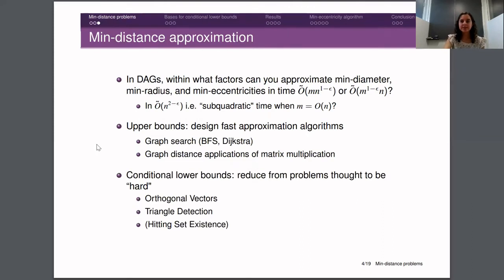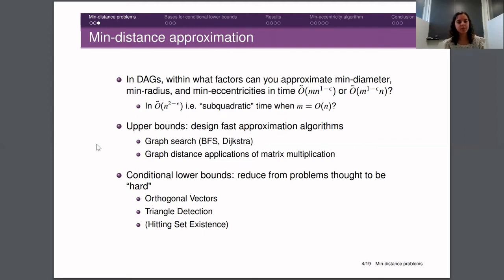For lower bounds, well, finding lower bounds is hard in fine-grained complexity. So to make things a little more practical, we use conditional lower bounds, which is very common in fine-grained complexity. We reduce from problems that are thought to be hard in some sense.